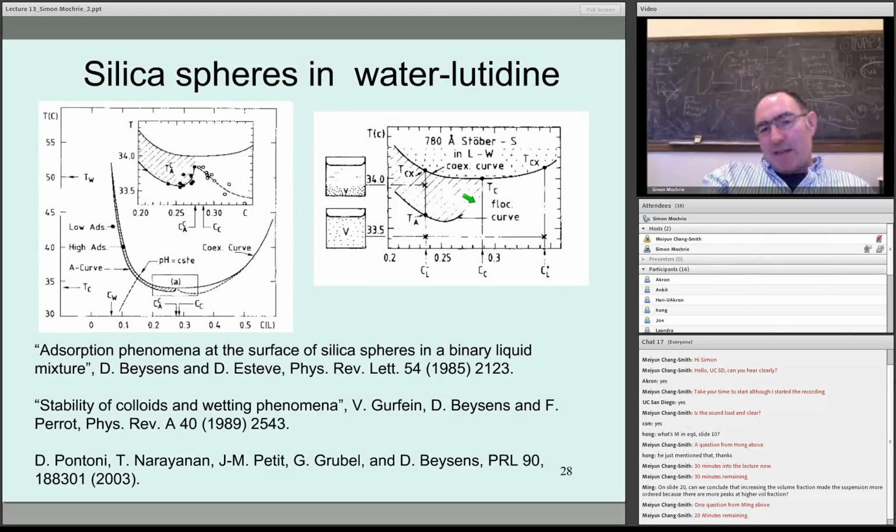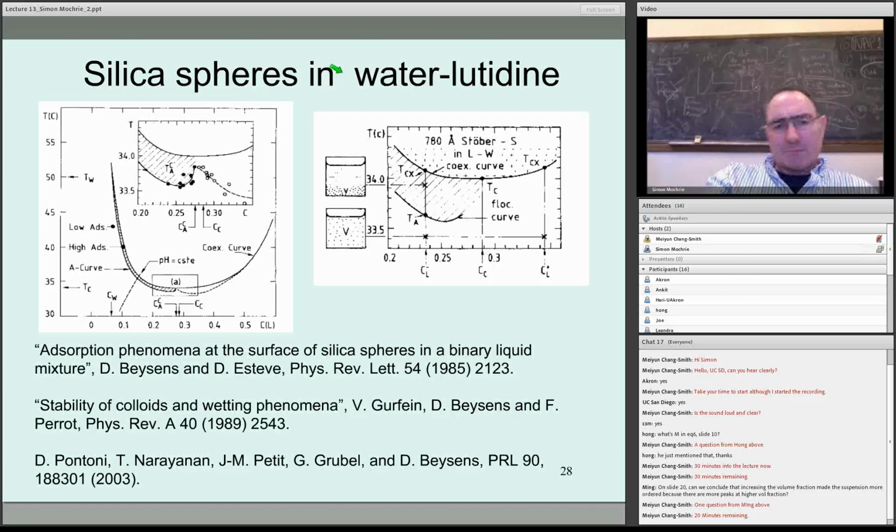Anyway, somewhere down in this region, in the one-phase region, but close to the consolute point, the critical point at which they're going to start to demix, there's an attractive interaction between the particles of silica that are suspended in this mixture.